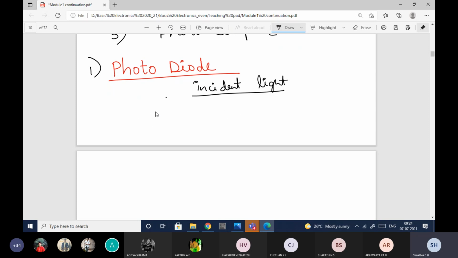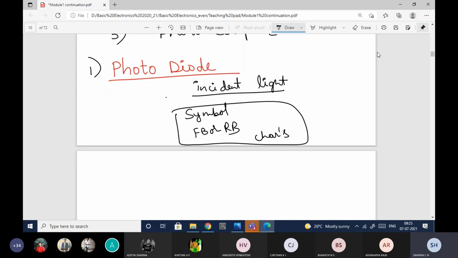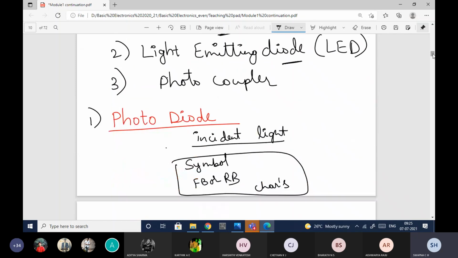So first we'll see the symbol. Here we'll see how the symbol will be. Whether the diode should be forward biased or reverse biased, and we will also see what its characteristics are. All this you need to write in the exam, because in these three they may ask anything.